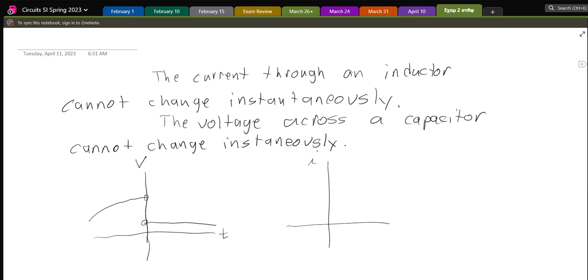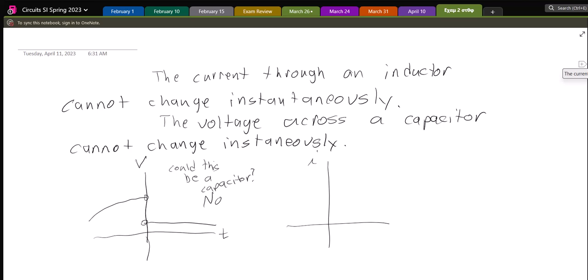This is time. Could this be a capacitor? Your answer would be no, it cannot be a capacitor because you can't have this discontinuity. Could it be an inductor? It could be an inductor.